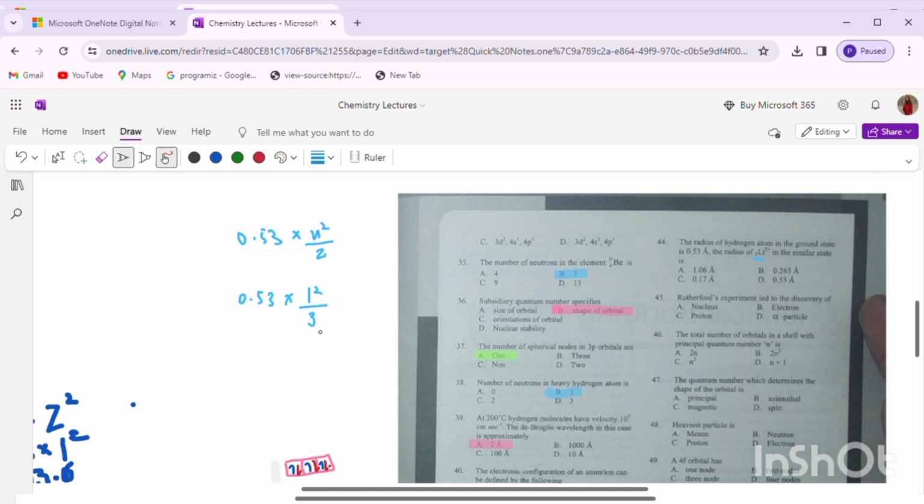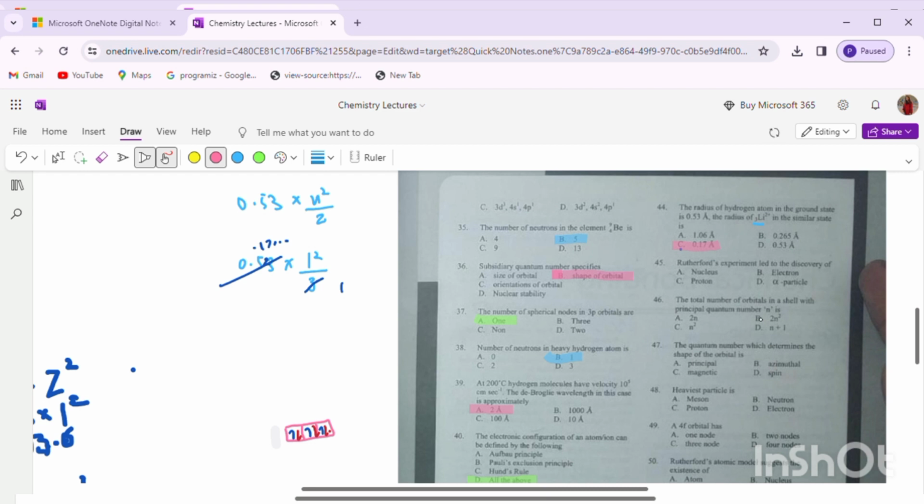If I cancel this now, 3 ones are 3, and 3 sevens are 21, and so on. So 0.17 is our answer. We have got our answer, that is C, 0.17 angstrom, right?